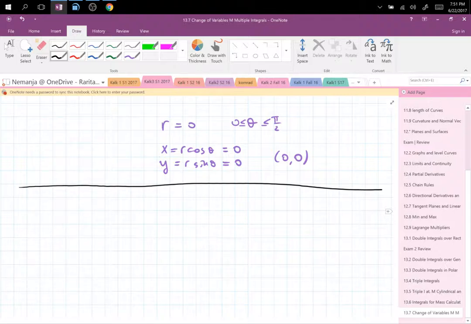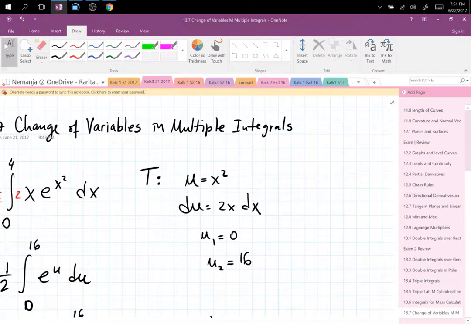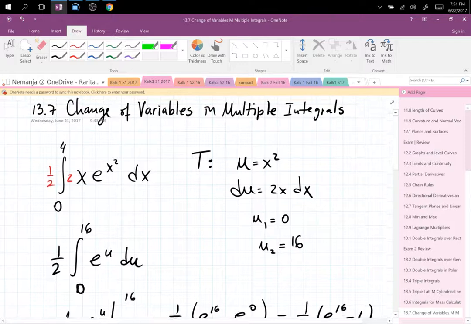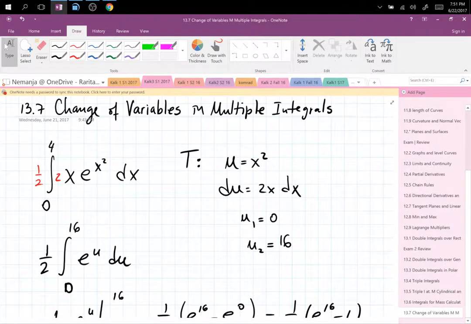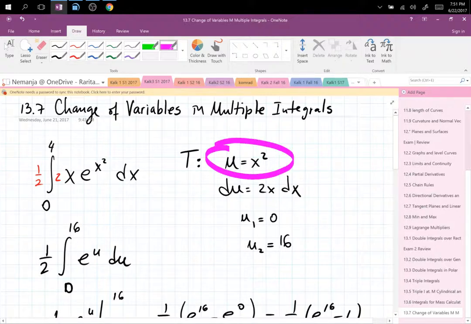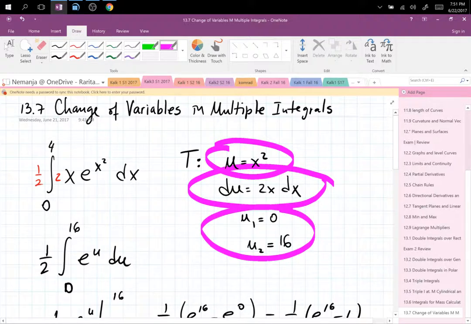The last class we talked about the transformation of region, which was equivalent to changing limits of integration from your U sub. We have one more piece to discuss, and that is the Jacobian matrix. Remember, when you do your U substitution, you have your transformation, then your derivative, and then limits.